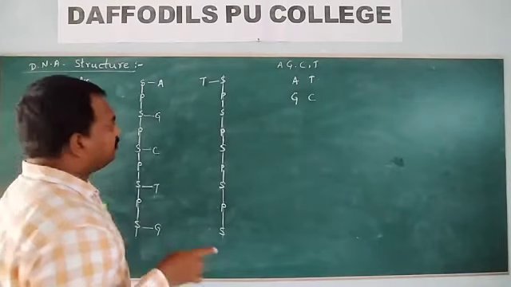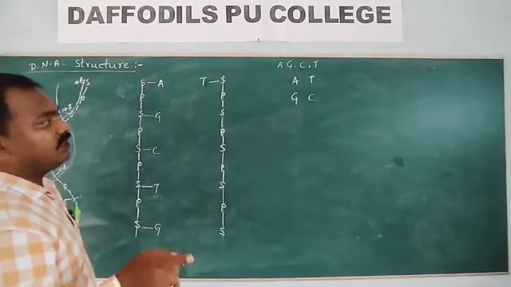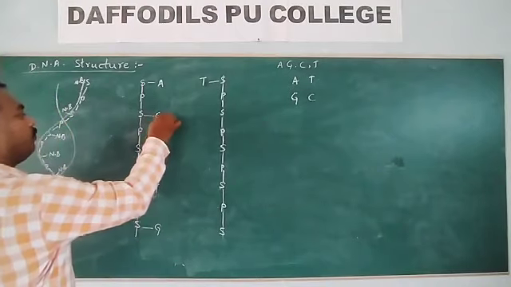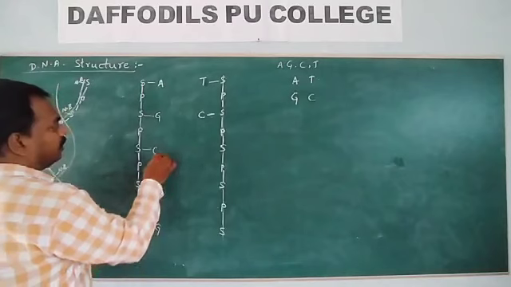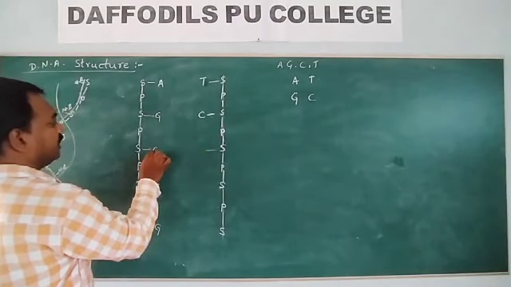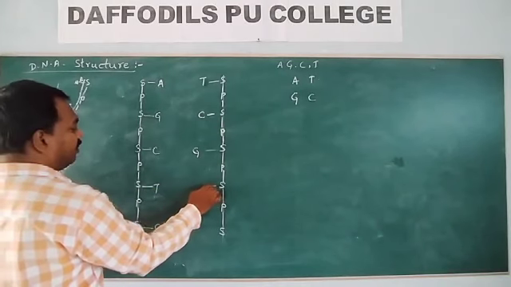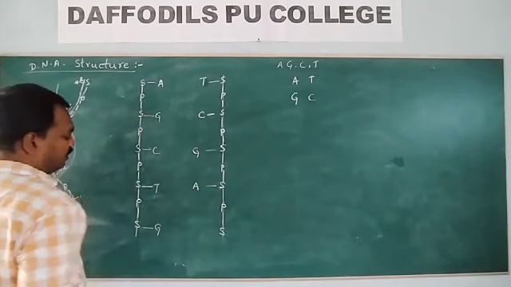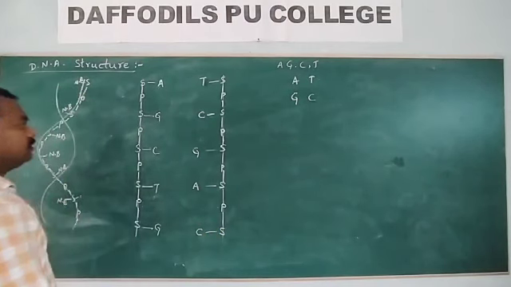So adenine is always bonded with thymine, guanine always bonded with cytosine, cytosine always bonded with guanine, and thymine always bonded with adenine.